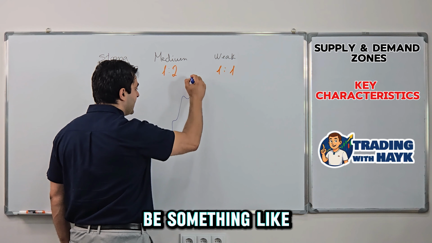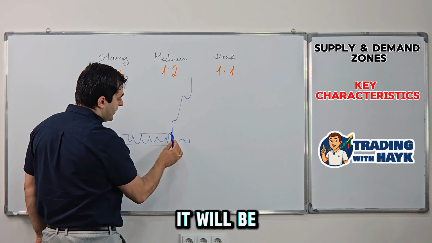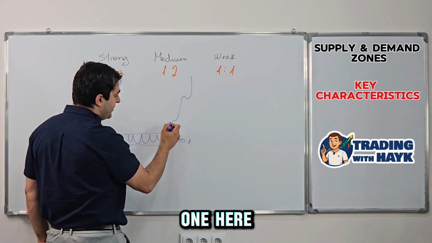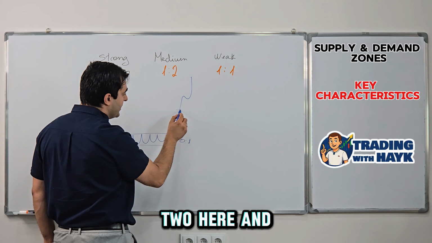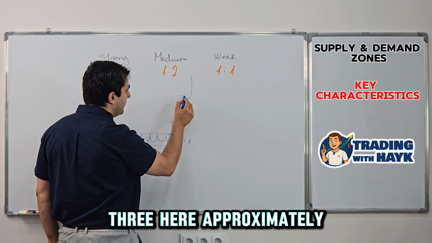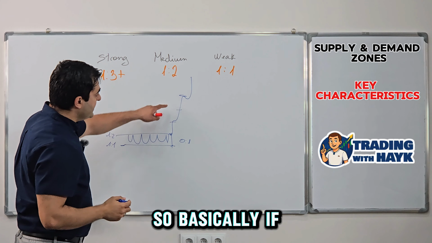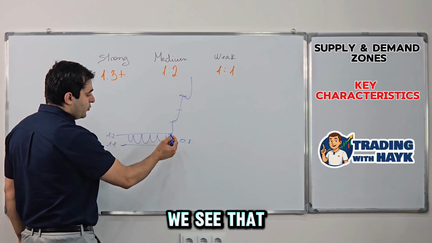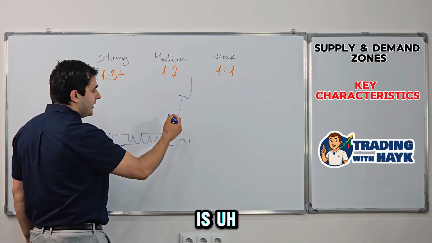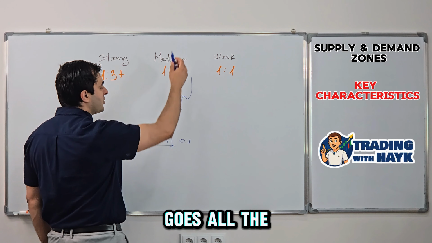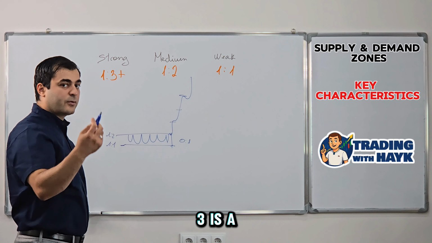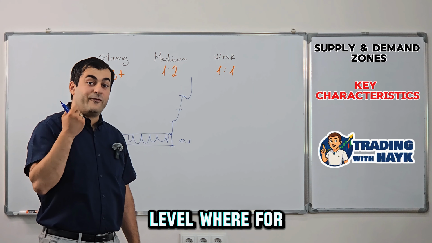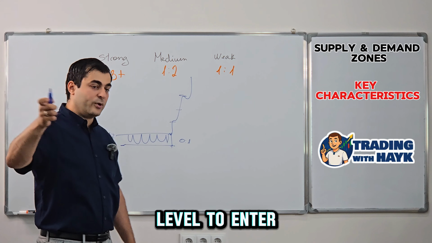So it will be something like this. It will be 1 here, 2 here, and 3 here approximately. So basically, if we see that whenever the break is happening and it goes all the way up, at least 1-to-3 is a level where for us it's a perfect level to enter.